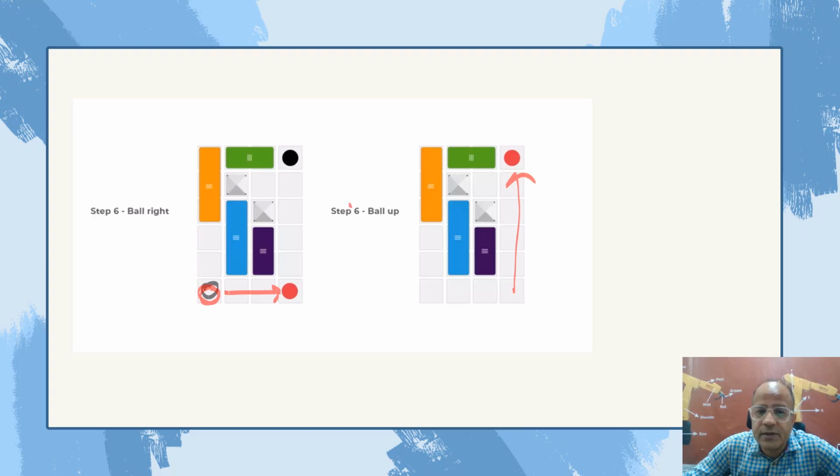It is written as 6 over here, but it is actually going to be 7 in counting, so that's wrongly written there. Now, I'm not saying this is the right answer at the moment. I'm saying if you follow this, you are able to move the ball into the black pot using 7 steps.